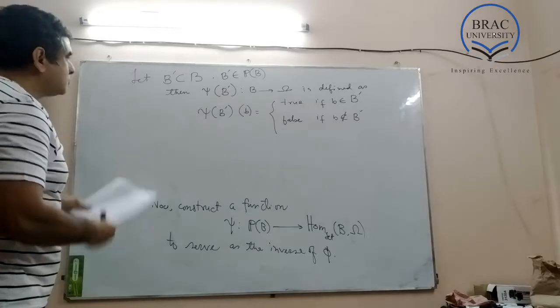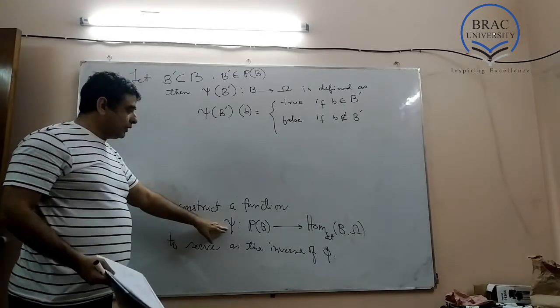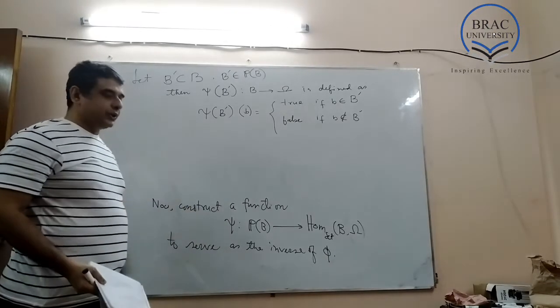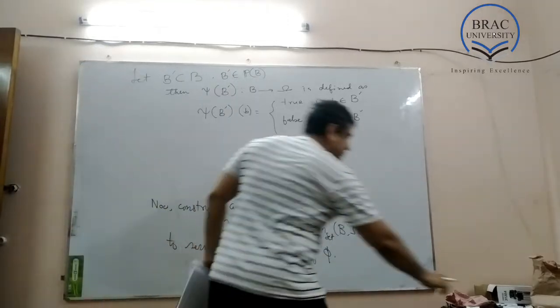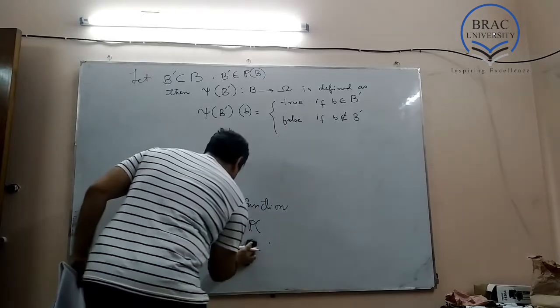Okay. Now, the claim is that the way we define psi indeed gives us an inverse of the function that we had in the first place. So let's try to prove that this is indeed an inverse.